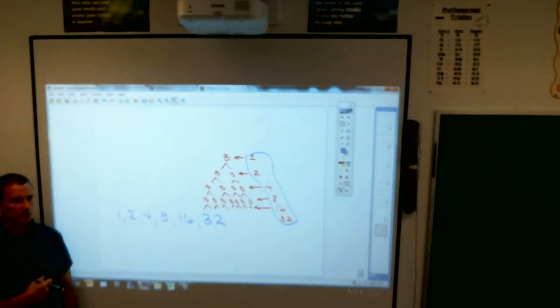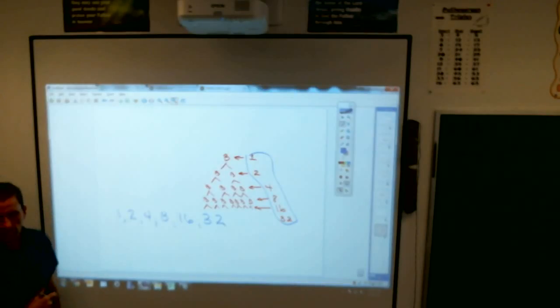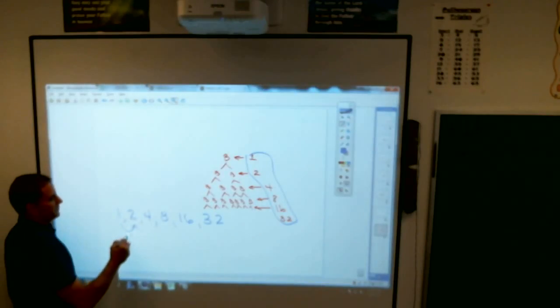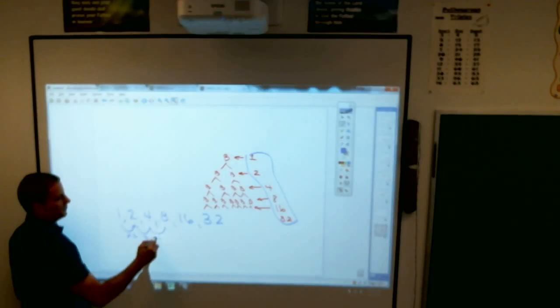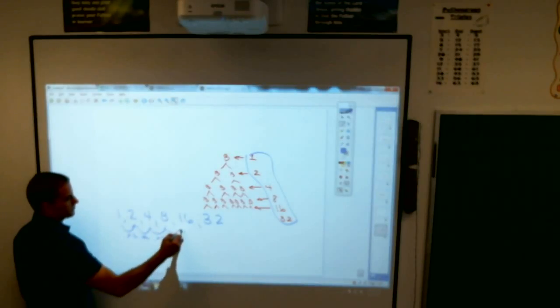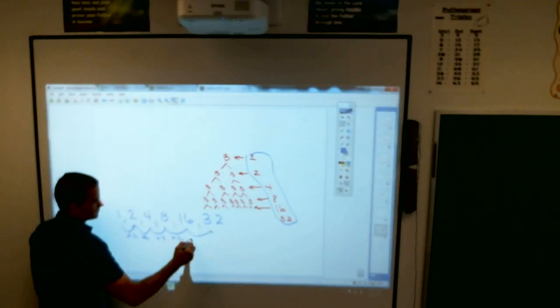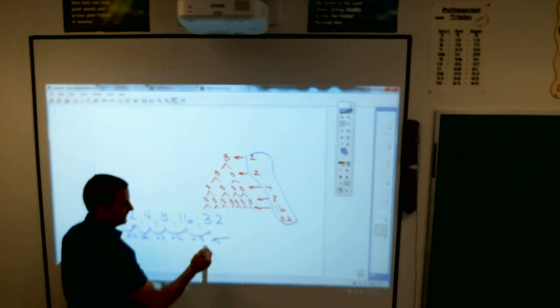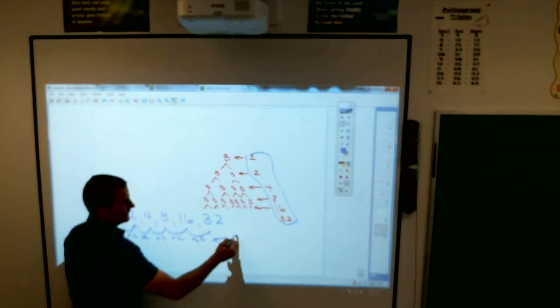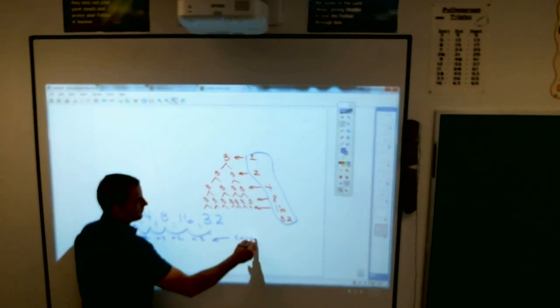What's happening between each one of those terms? Kate? Multiplied by 2. Yeah, you are timesing by 2. Every time you're multiplying by 2. The other time I was adding; when you're multiplying or dividing, that's called the geometric one.